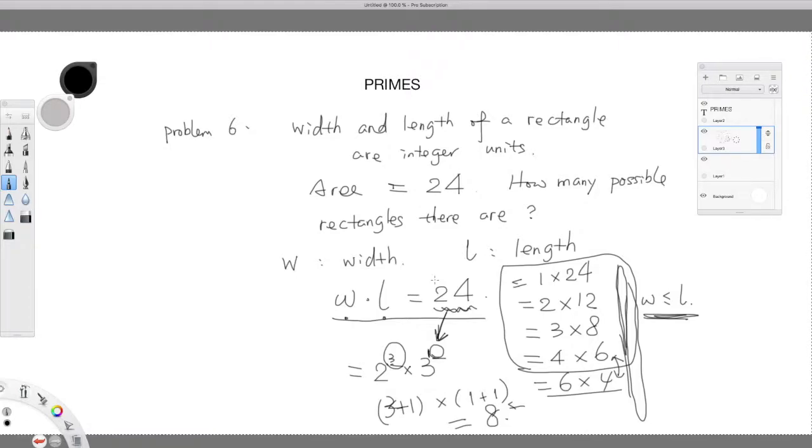So prime factorization is extremely useful, and I think it's the most useful thing if you're trying to understand a product of numbers. And most questions will be built around that understanding. And that's it for this class.